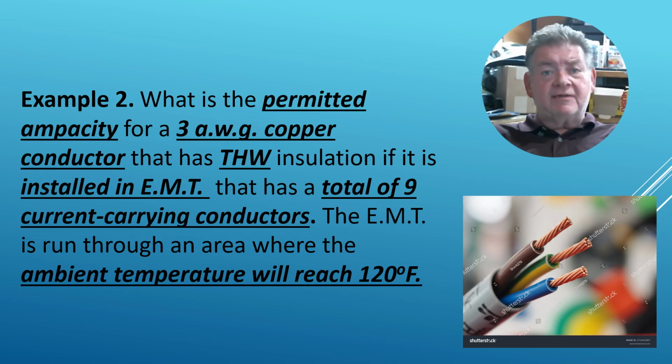Our circuit is going to be installed in an area where the ambient or surrounding air temperature will be 120 degrees Fahrenheit, possibly an attic, a boiler room, a mechanical room, an electrical room, as well as other areas that may have an elevated ambient or surrounding air temperature.